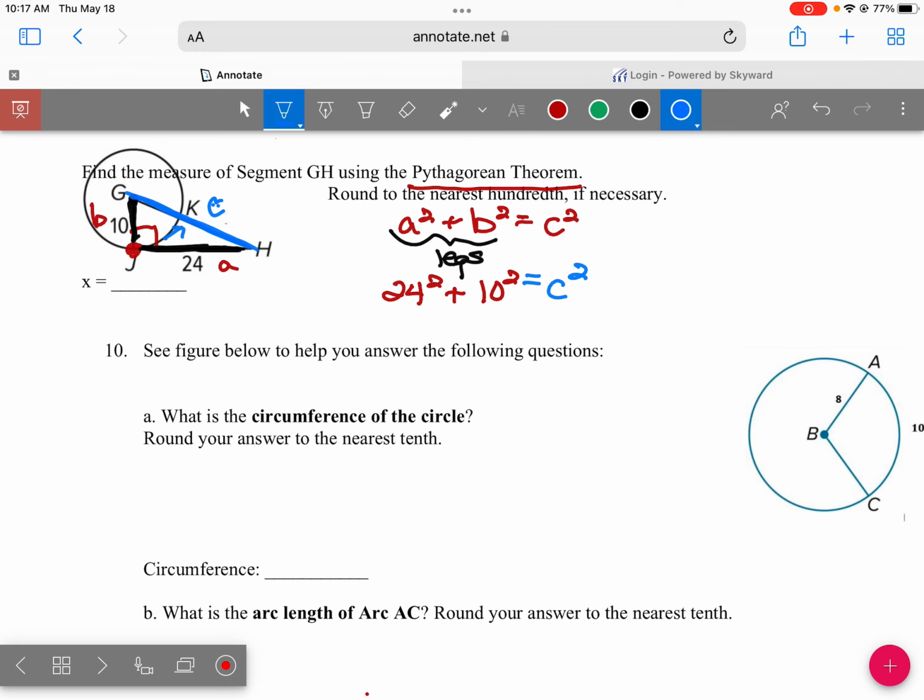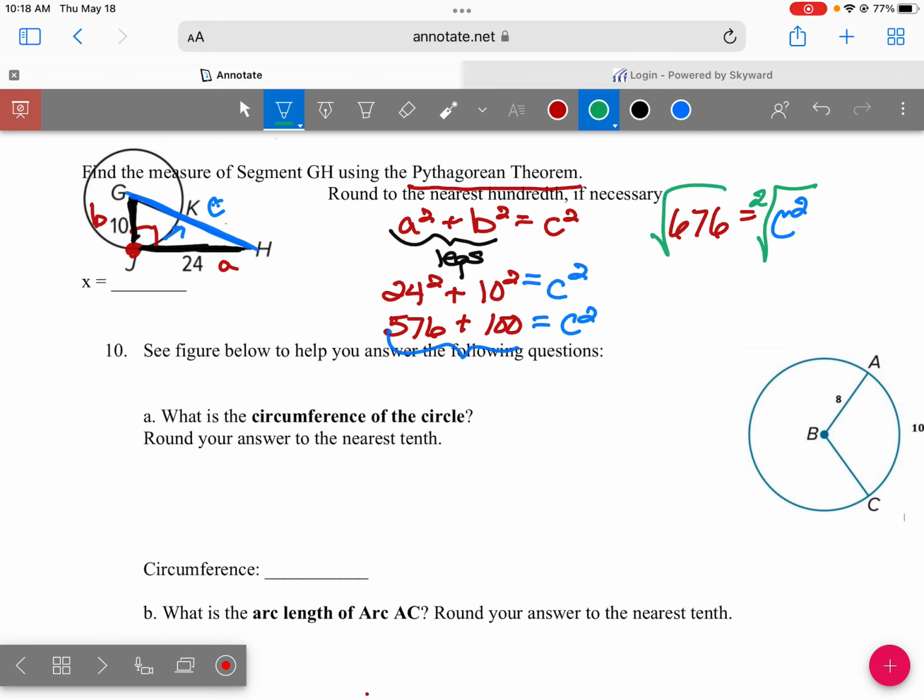24 squared is 576 plus 10 squared is 100 equals C squared. Always work down. 576 plus 100 is 676, which is equal to C squared. I don't want C squared. Take the square root.